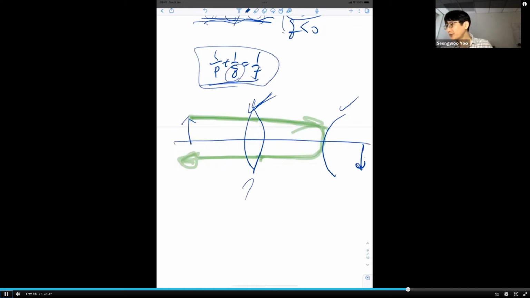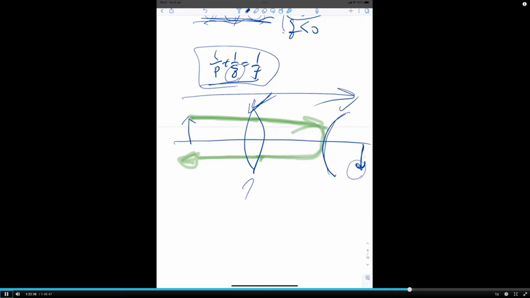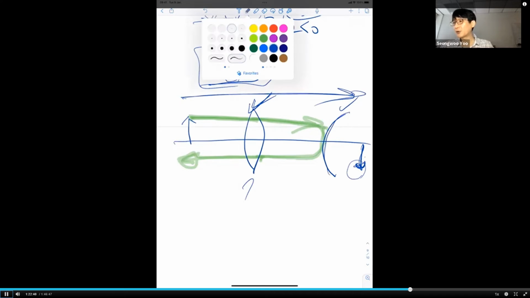Now, this image becomes an object for this mirror, and light flows in this direction. What does that mean? This object is going to be a virtual object.